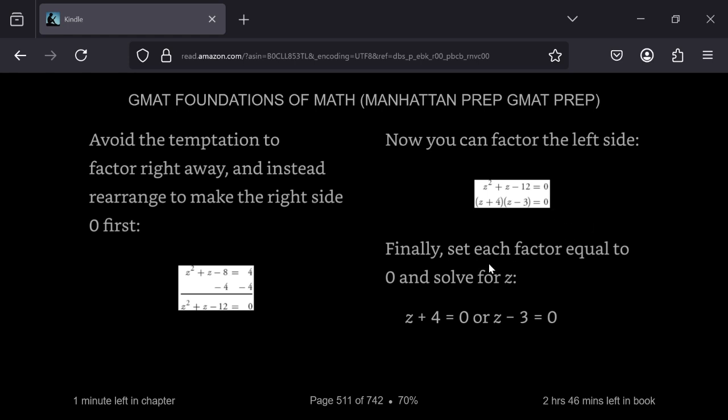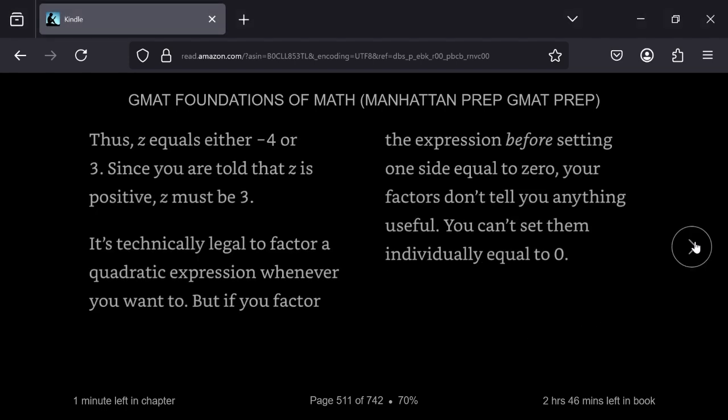Finally, set each factor equal to 0 and solve for z. z plus 4 equals 0, or z minus 3 equals 0. Once we do that, we'll get z equals negative 4 or z equals 3.